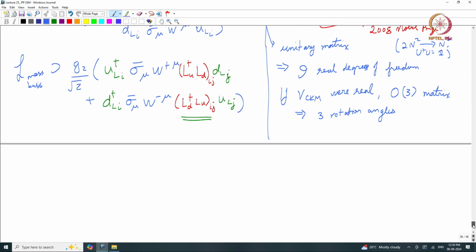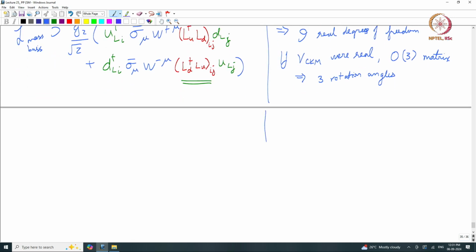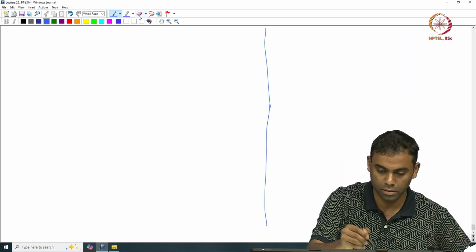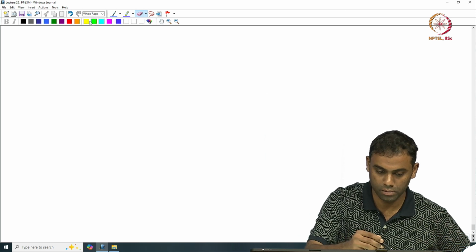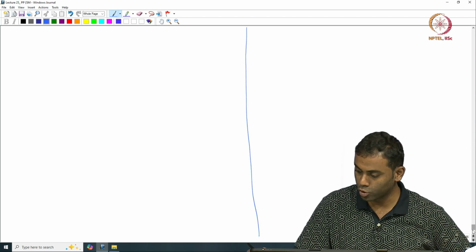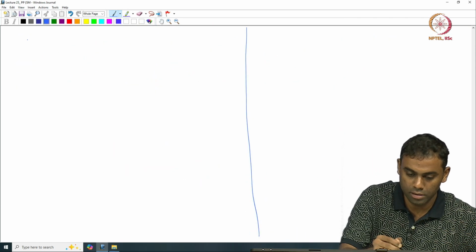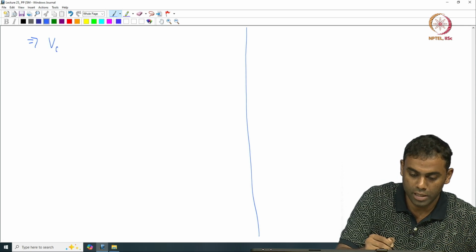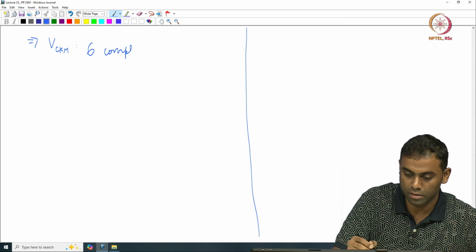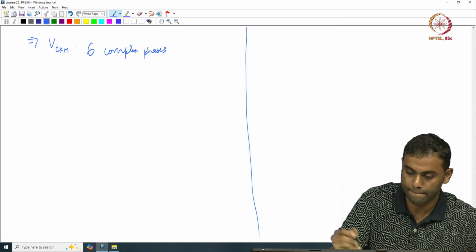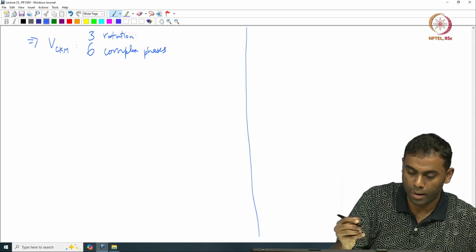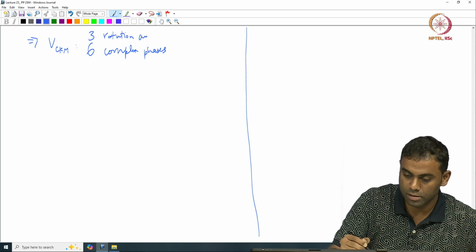So, since I have 9 real degrees of freedom and since it is a complex matrix, what could be the other 6? If 3 are rotation angles, what could be the other 6? It means V_CKM has 6 complex phases, because 3 are rotation angles.